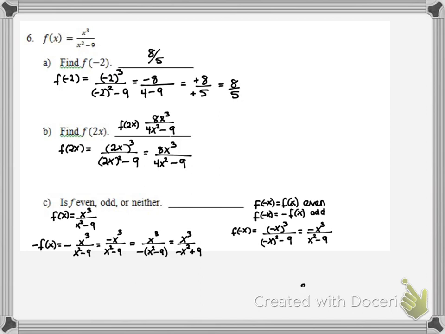Now if you notice, if you go back over here and look where I wrote down the opposite of f of x, it looks exactly like this one. So what we've ended up with here is the opposite of f of x. So what I have just shown is that this function is odd.